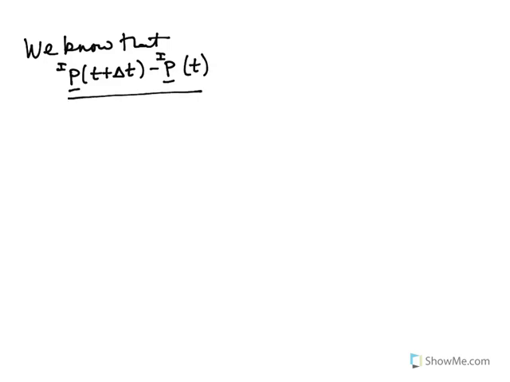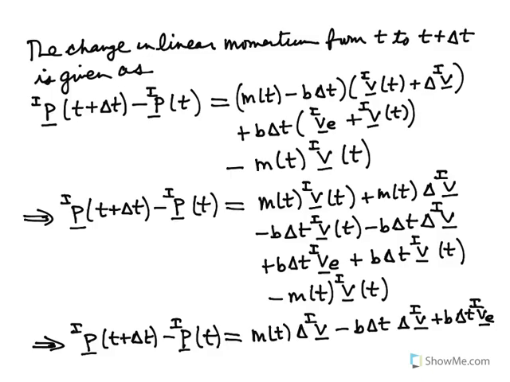Because now we can say the following: we know that pi of t plus delta t minus pi of t, divided by delta t, is approximately f of t, where that's equal to the force. So as a result, we can get the following expression when we substitute in.